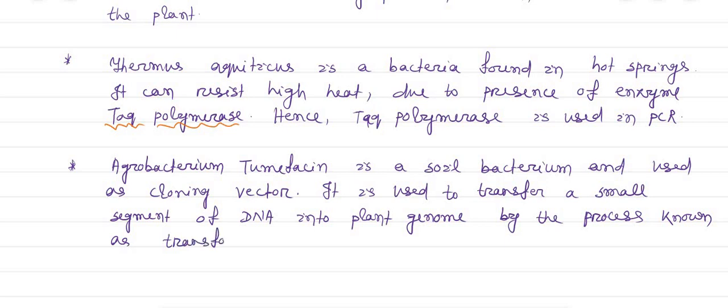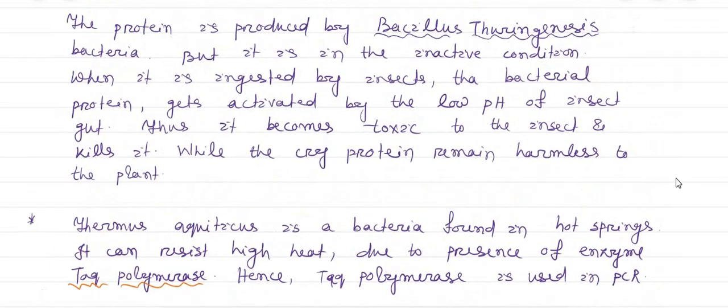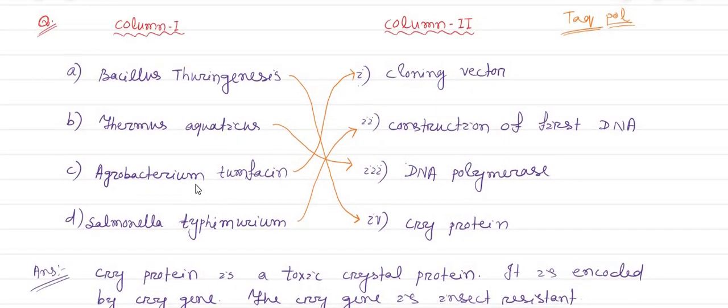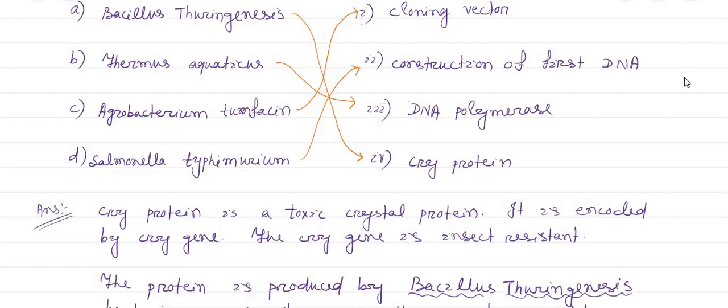So Agrobacterium tumefaciens is used as the cloning vector. Here I'm matching it: Agrobacterium tumefaciens, cloning vector.